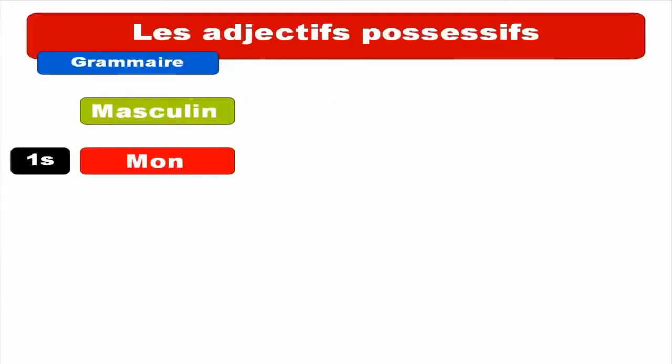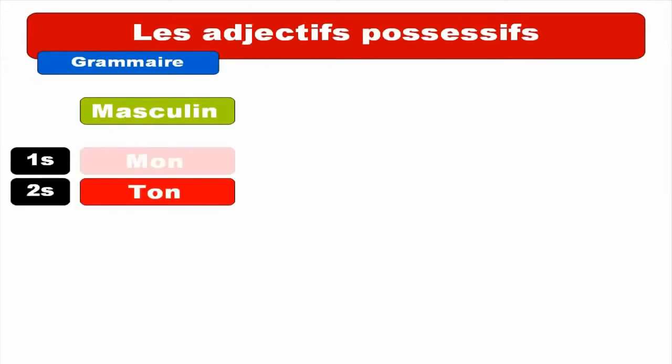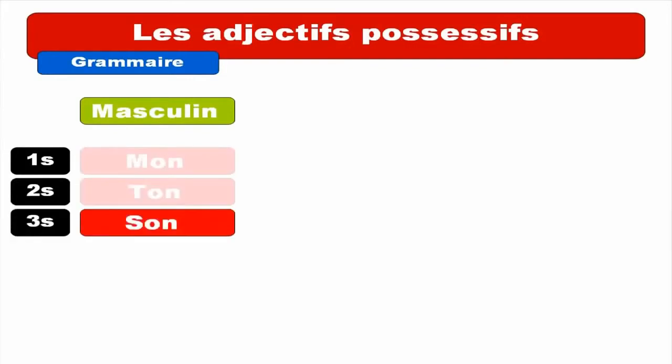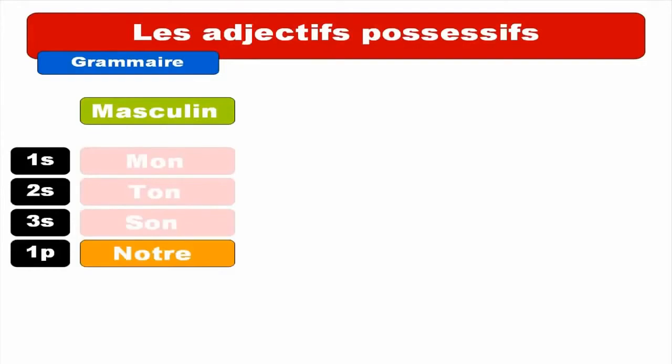Masculine form for the first person, it's mon. Repeat. Then comes ton. Repeat. Third person, son. Repeat. Then notre.